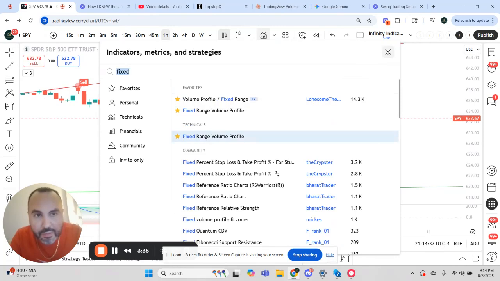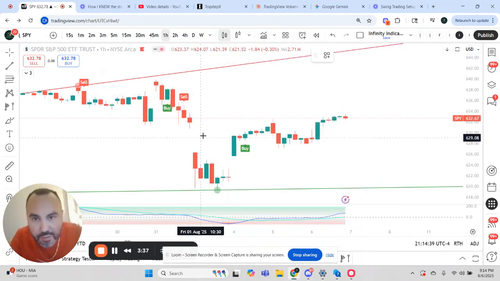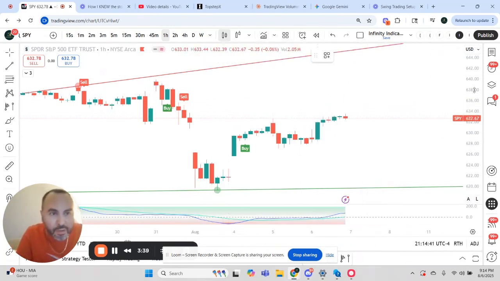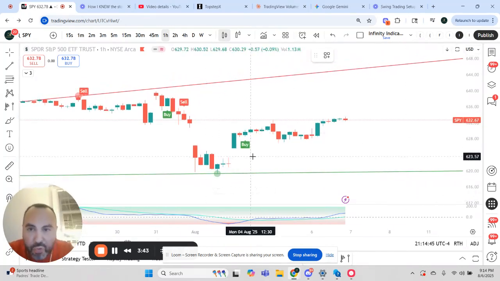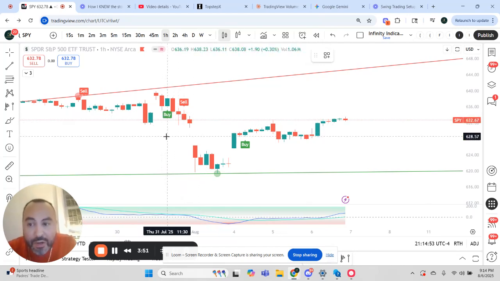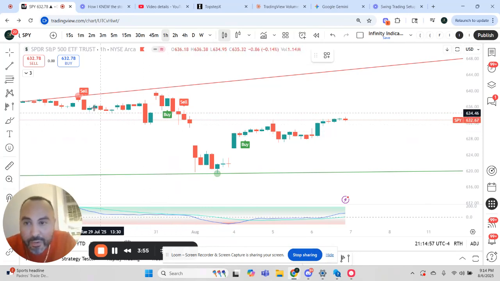It's under technicals, and then you'll see this little tool right here. And this is what you're going to do. You're going to go to the prior, again, this is on the hourly chart, the last trading week, and you're going to map out the high and map out the low.